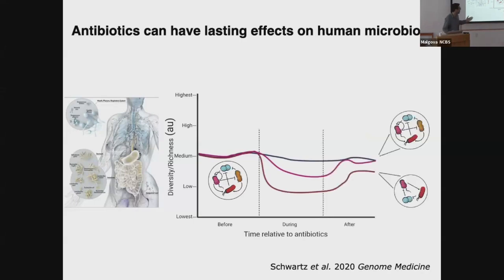The hope is that after the treatment, we will recover the initial state of the community. But this is not always the case. In some cases, it has been seen that after an individual has been treated with antibiotics, the treatment has ended and some months have passed, the individual has still not recovered the diversity of species that it had before.